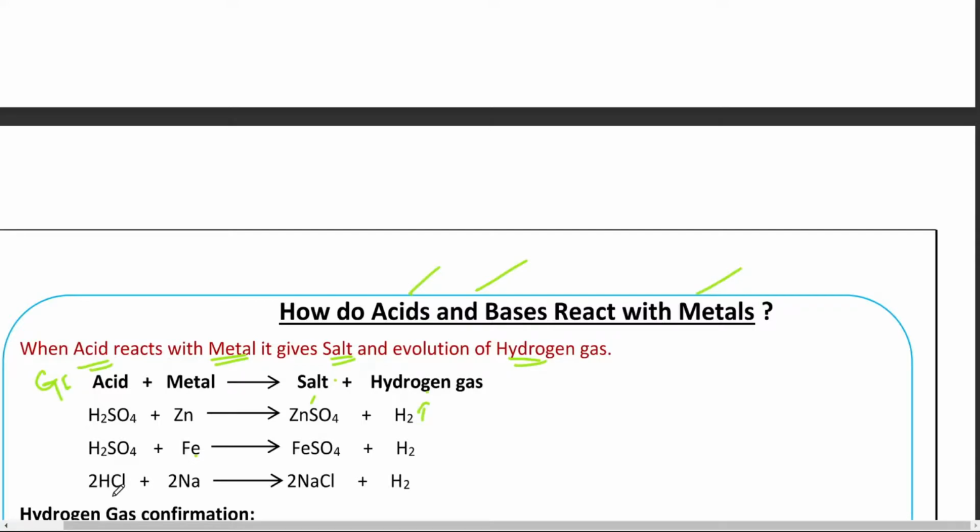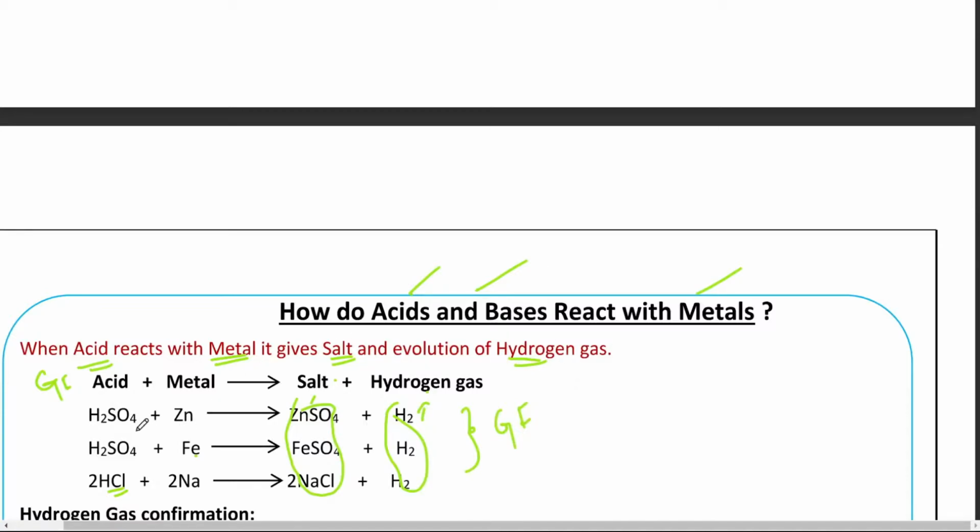In the same way, if we take the acid HCl plus 2Na, that is sodium, it gives you sodium chloride plus hydrogen. So everywhere you see that the salt is produced and hydrogen gas is evolved. It is satisfying the general formula.